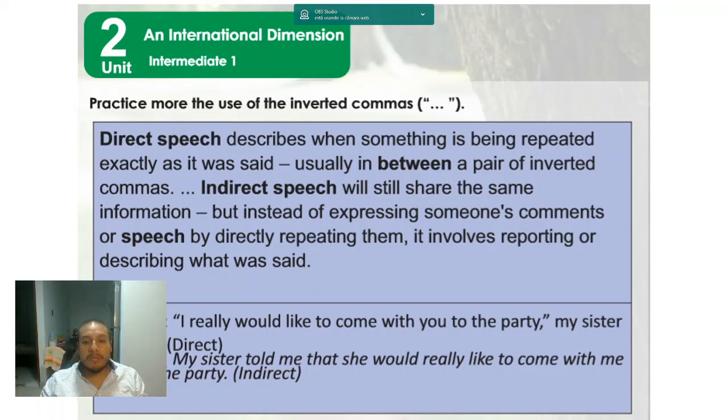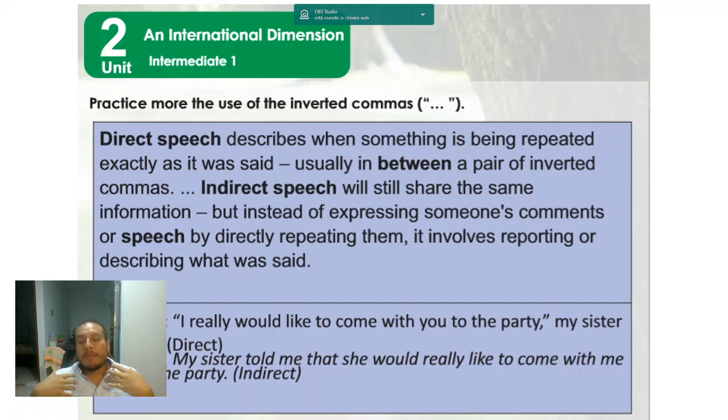Indirect speech will still share the same information, but instead of expressing someone's comment or speech by directly repeating them, it involves reporting or describing what was said. Students, direct speech or indirect speech, it's the same expression, just two different ways to say the same idea.